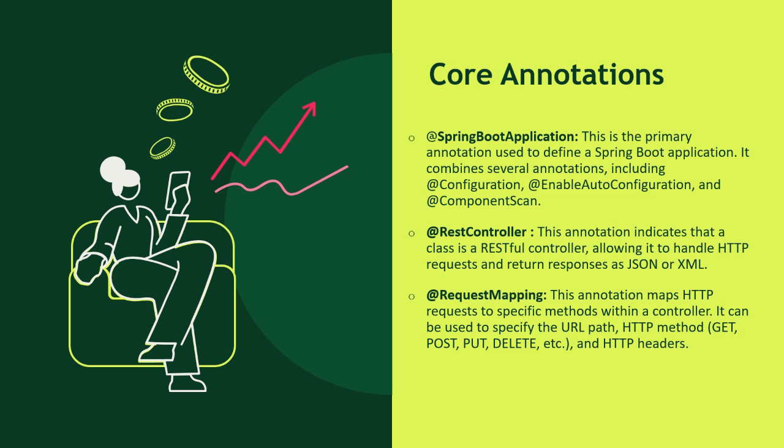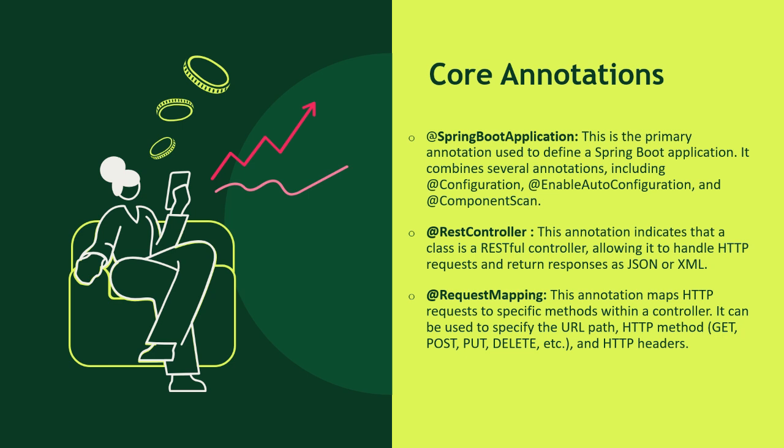Second, @RestController. This is an annotation that indicates a RESTful controller. It allows you to handle your requests and respond with JSON or XML. Whatever HTTP request you make, from either Postman or any other client, you'll be able to land on this particular REST controller.